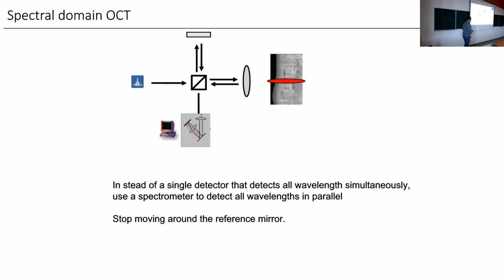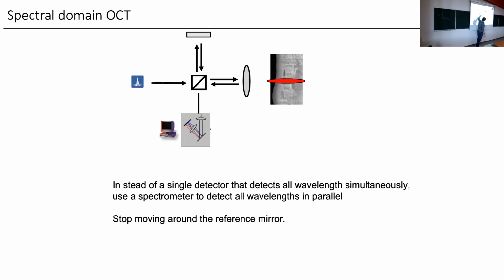So instead of using a single detector that measures the distances sequentially, we can use a spectrometer. That is a detector that detects all wavelengths in parallel. So we still have a light source that emits broadband light.